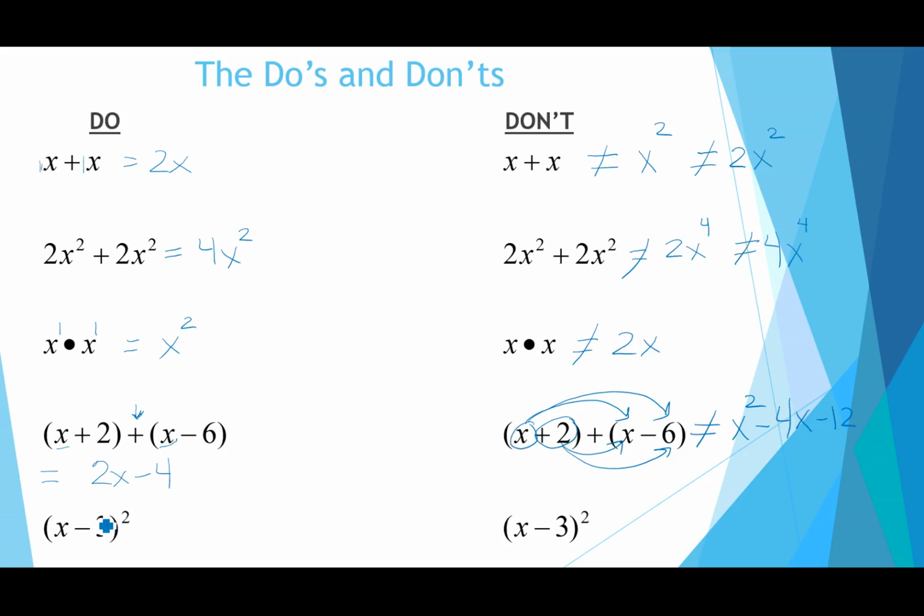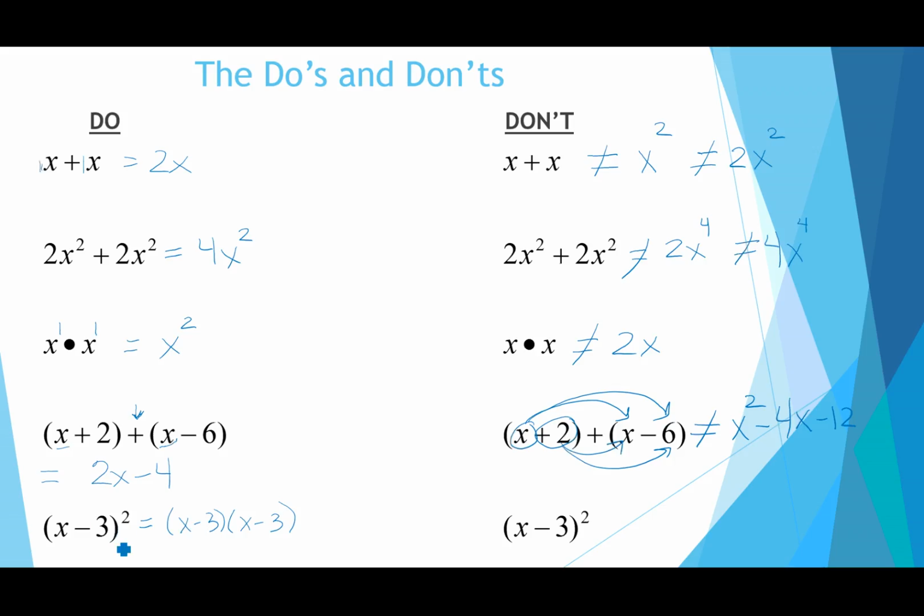And lastly, one other thing that I wanted to point out to you, our understanding of exponents. If we know what raising to the second power or squaring means, we should see x minus 3 quantity squared and know that that means x minus 3 is being multiplied by x minus 3.